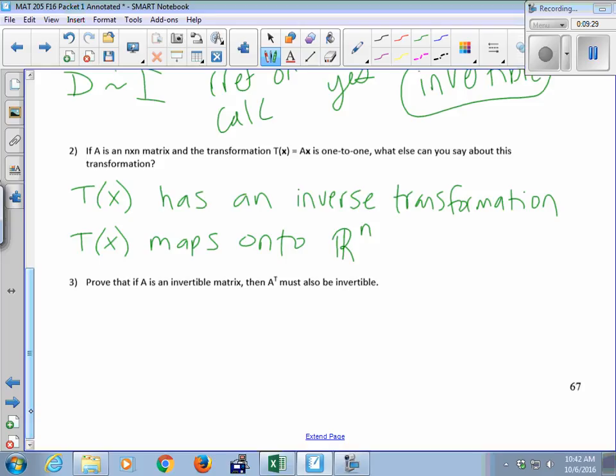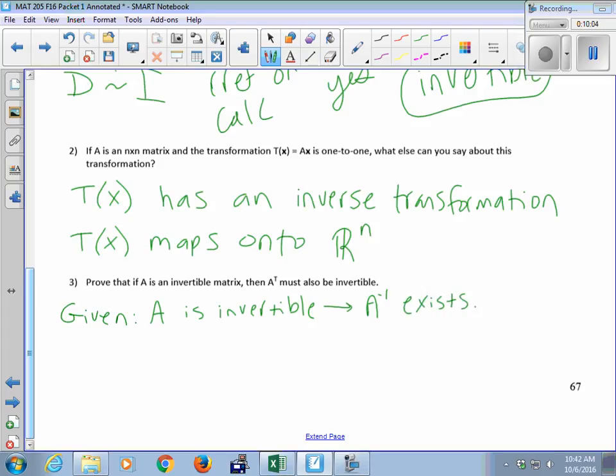Okay, so last thing, I want to prove that if A is an invertible matrix, so A has an inverse, then A transpose has to also be invertible. All right, so what I'm given, A is invertible. Right, which means simply A inverse exists.